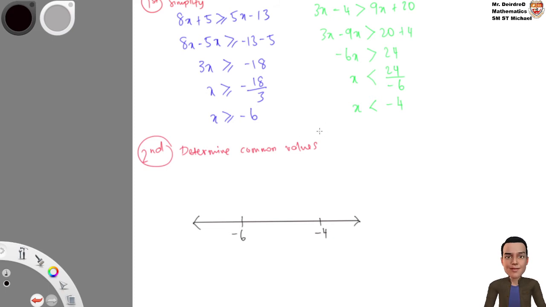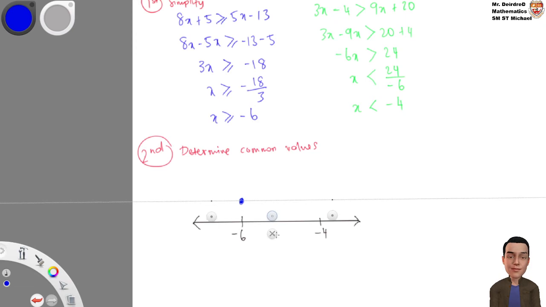And then we have x greater than or equal to negative 6. Like the teacher told you before, if it is greater than or equal, then the dot must be in full color.